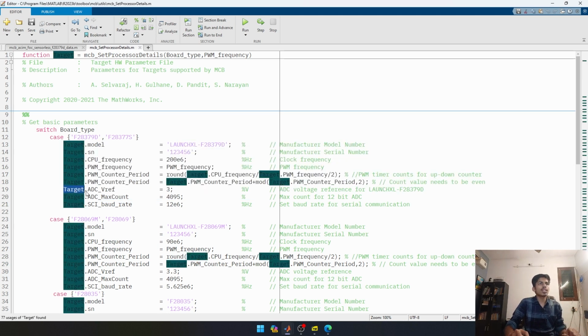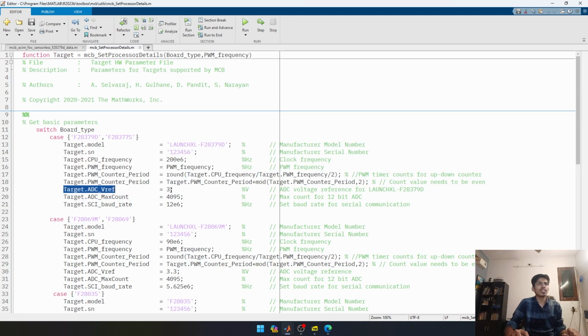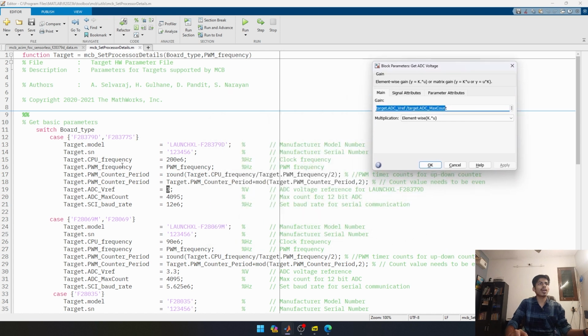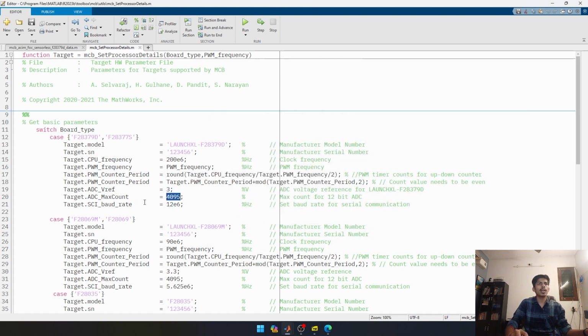You can see the target.adc vref is 3 volt. Our microprocessor works in the 3 volt logic level. So that is what we are doing here. Target ADC max count: since our ADC is 12 bit, we have 4095 for a 12 bit ADC.